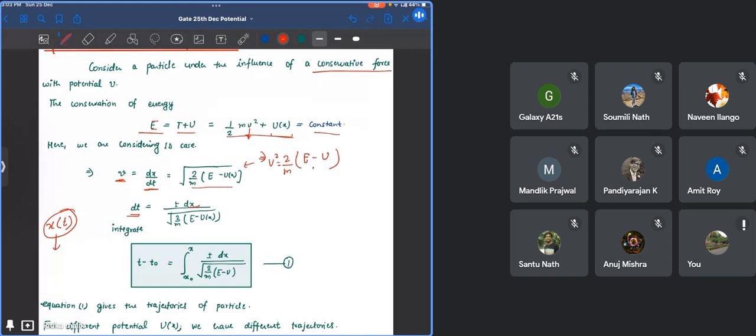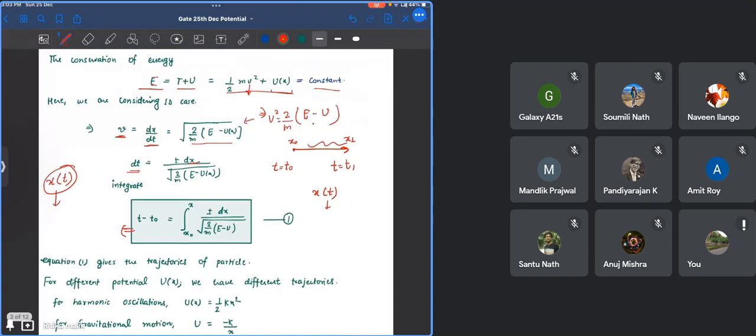Like at time t equals t0, your particle will be at some position which you call x naught, and at time t equals t1, it will be at some other position x1. So if you know how x varies as a function of time t, you can say how the motion of your particle is. Just by integrating this, you will get the trajectory of your particle in the system.